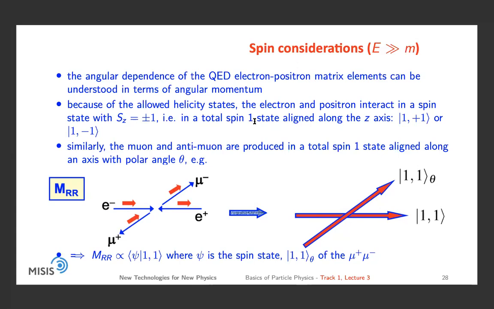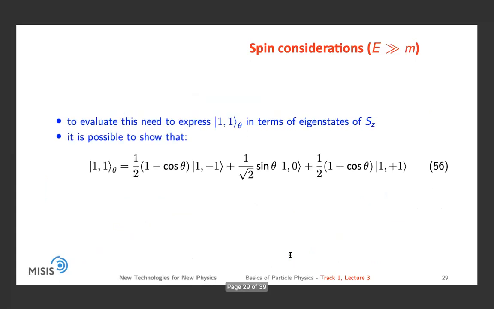So we have a total spin 1 state aligned along the Z axis, either plus 1 or minus 1. And similarly, the muon and anti-muon are also produced in a total spin 1 state aligned along an axis with the polar angle theta. So the final matrix element is just equal to the product of these two wave functions, where psi is the spin state of the final muon pair.